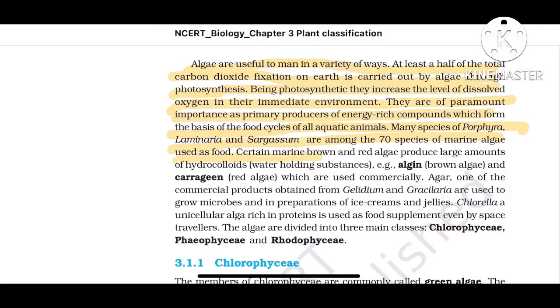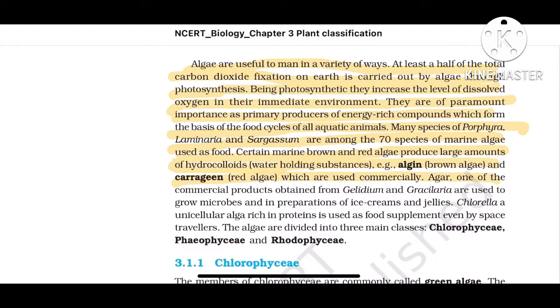Certain marine brown and red algae produce large amounts of hydrocolloids, that is, water holding substances. For example, algin from brown algae and carrageen from red algae, which are used commercially.